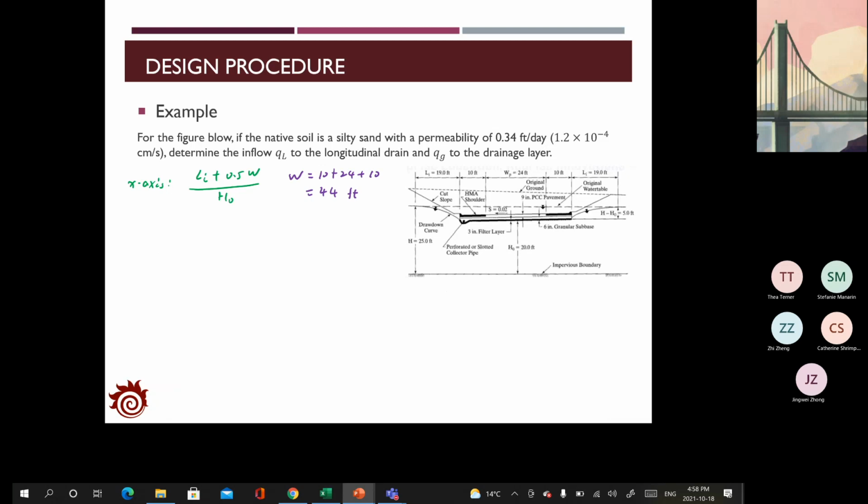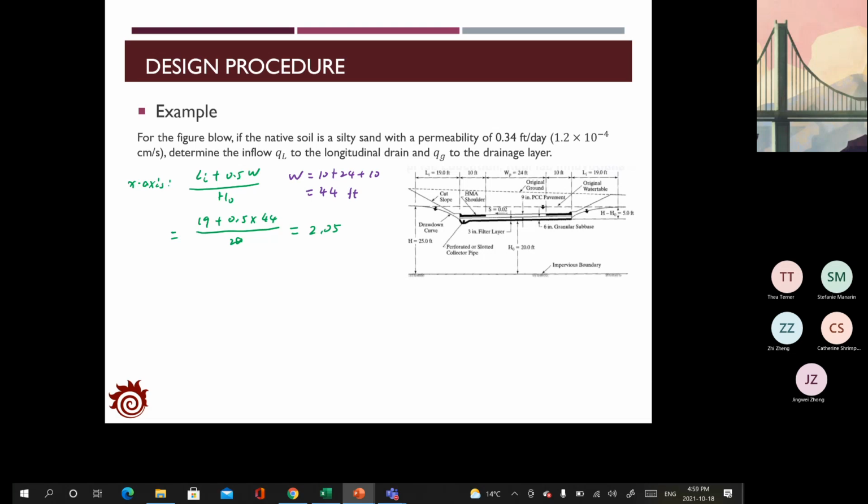And with that, we can easily calculate the value for the x-axis. So for the x-axis, we have Li is 19, the width of the road is 44, and H0 is 20. So we get the value as 2.05. So that's the value for the x-axis.